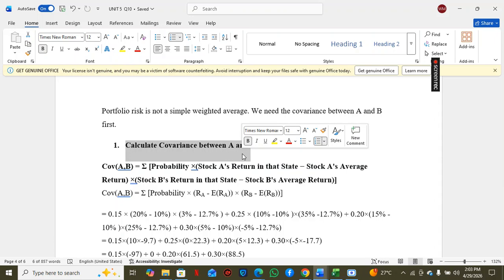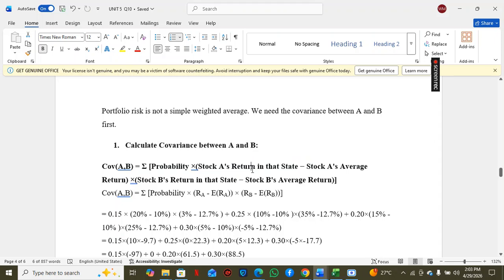So a covariance is just showing the relationship between the returns of two companies. If one company makes better returns and there's a positive relationship, the other company also makes better returns. Or if it's a negative relationship, one company will make better returns, the other one will make worse returns.